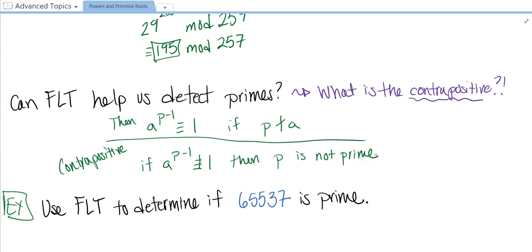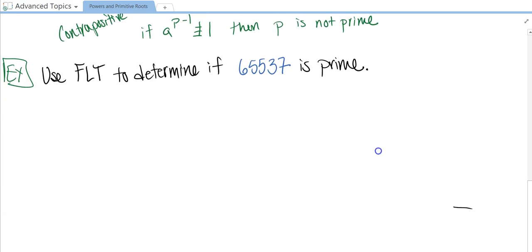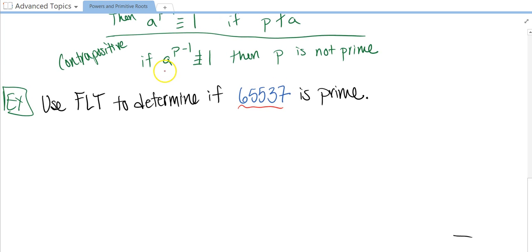Let's see if it does work. We want to determine if this is prime. I've done some Googling, and you're welcome to do Googling too for this exercise; this ends up being a prime number. So I want to pick a number a, and if this is prime, use an exponent on it and see if I get something congruent to 1. I'm going to pick a random number, my favorite number, 7.